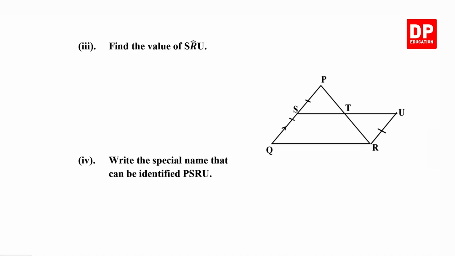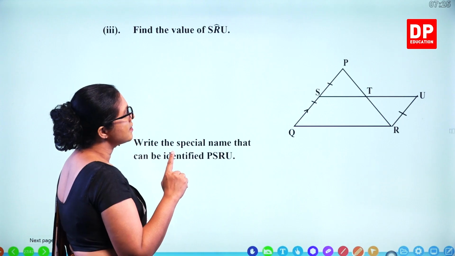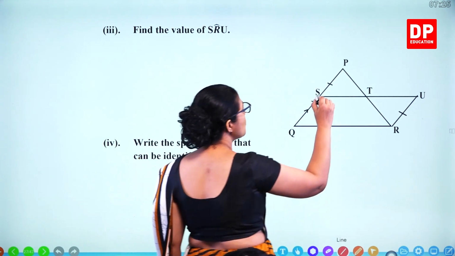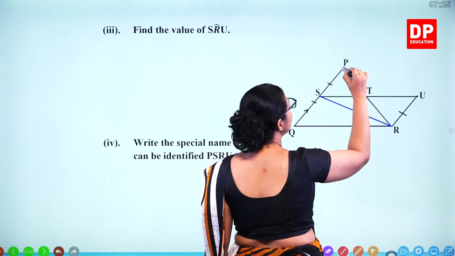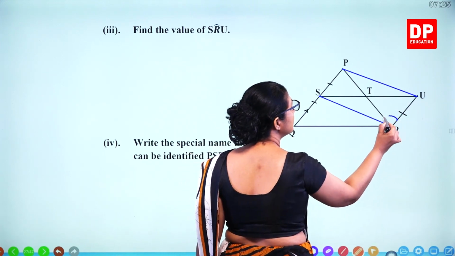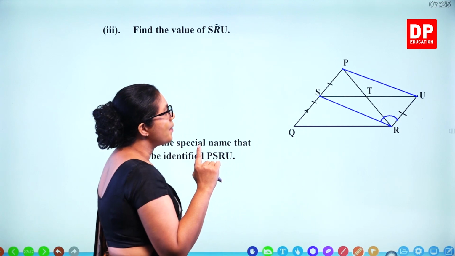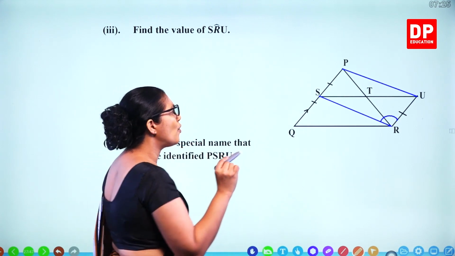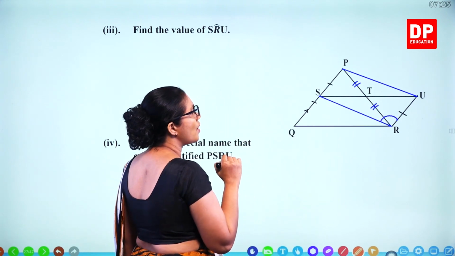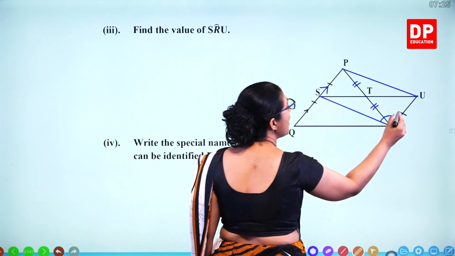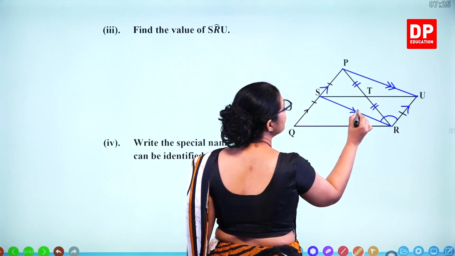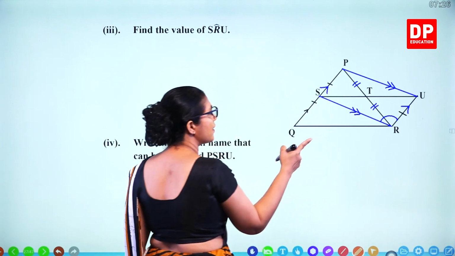Find the value of angle SRU. So we have to connect this one and see. We have to find out this angle, angle SRU. So what are the things we found? We found out this length is equal to this one, and these are parallel. These are also parallel because it's a parallelogram.